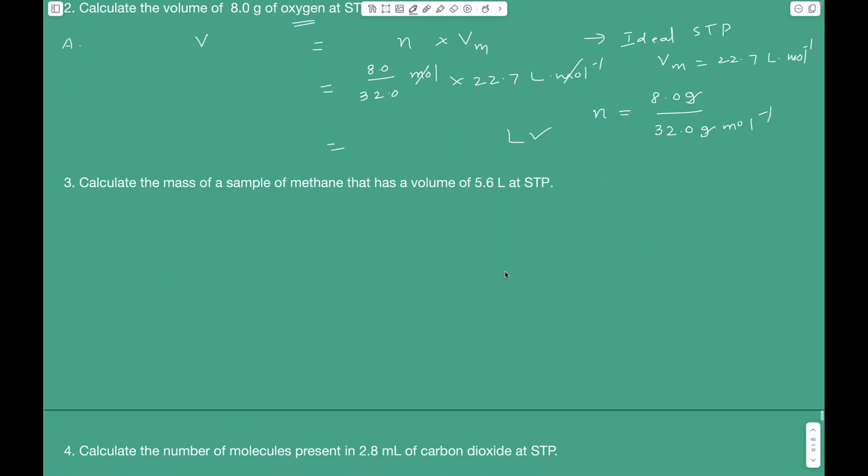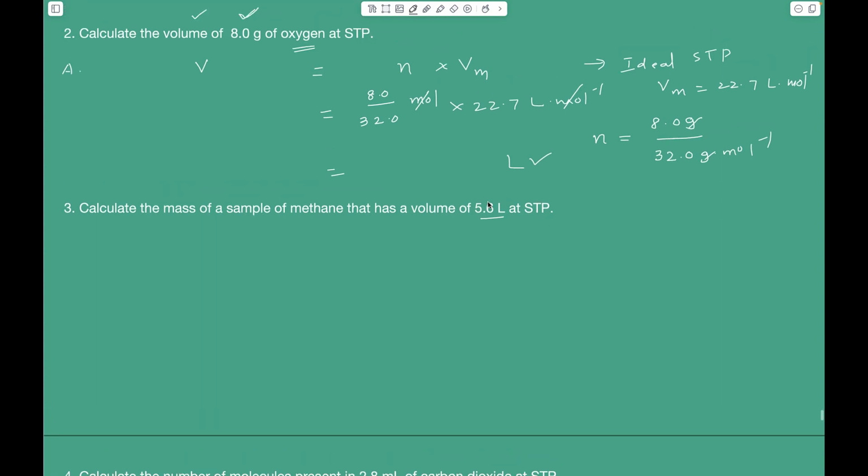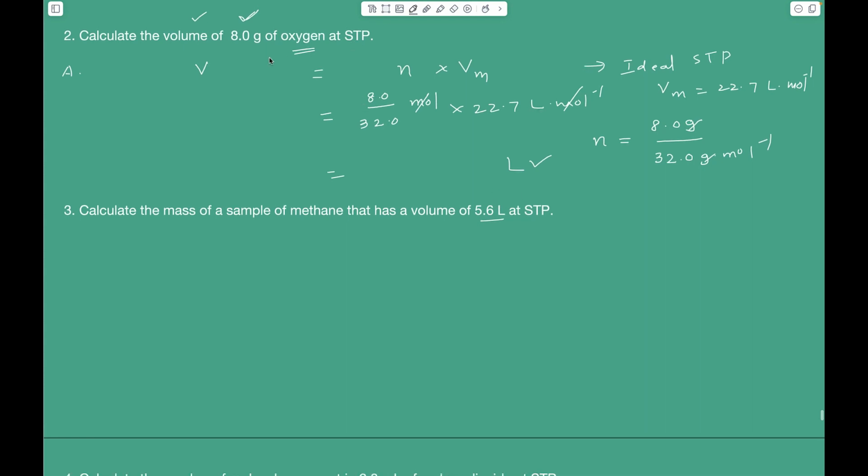Now what do we have in the next question? Calculate the mass of a sample of methane that has a volume of 5.6 liters at STP. I think this is the opposite of this question. Here we are given the mass and asked to calculate the volume, but here we are given the volume and asked to calculate the mass. How do you do that?